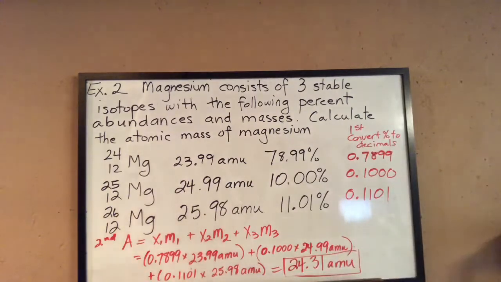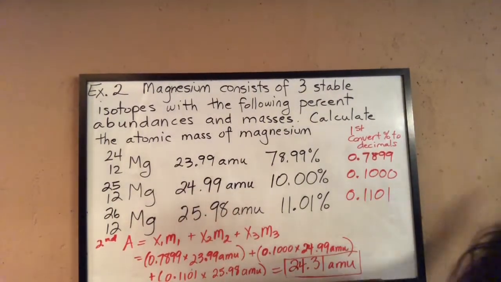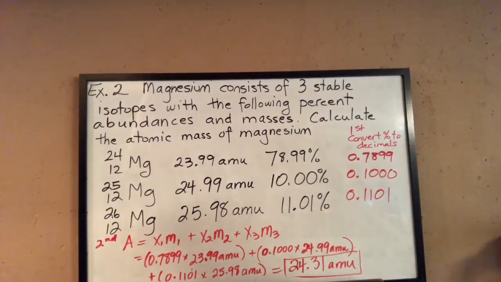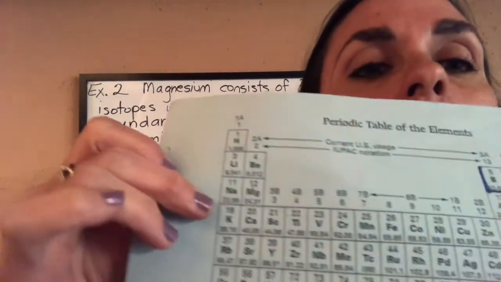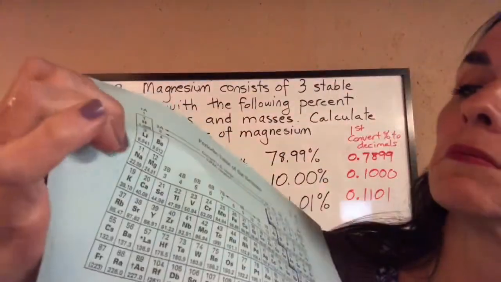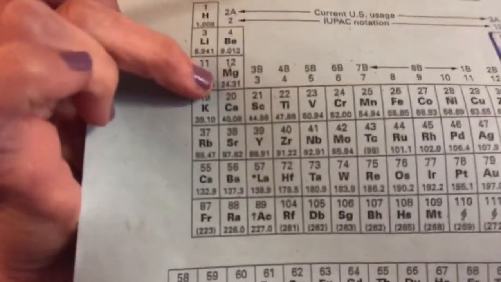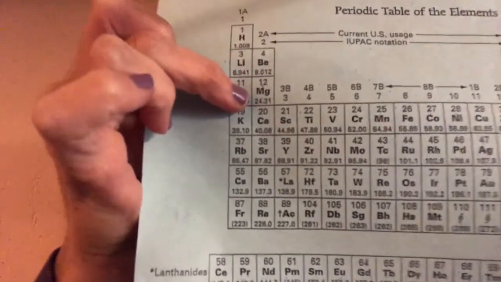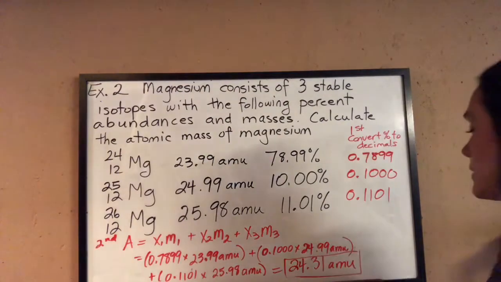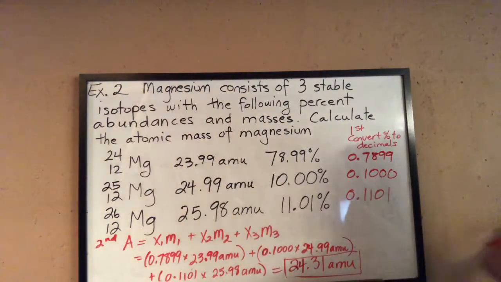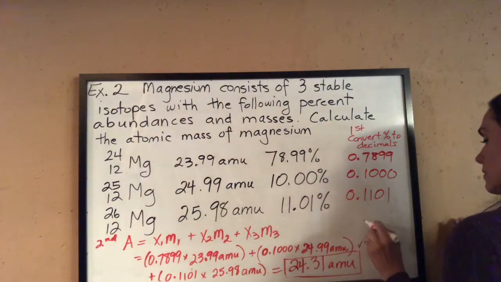And if you were to look at the periodic table for the atomic mass of magnesium to check, magnesium right there, 24.31, okay? So this checks with the periodic table.